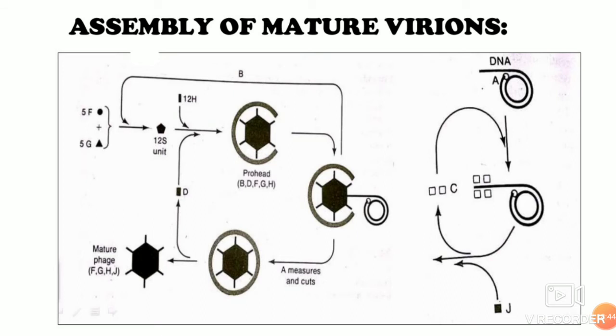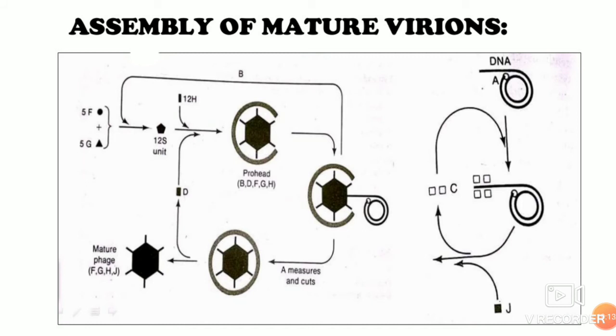Assembly of the coat protein involves the 12S unit: the gene product B, that is the internal scaffold protein B, coat protein F pentamer, and the H protein monomer, all together with the G spike protein, form the 12S complex.